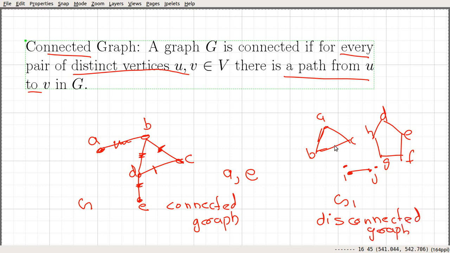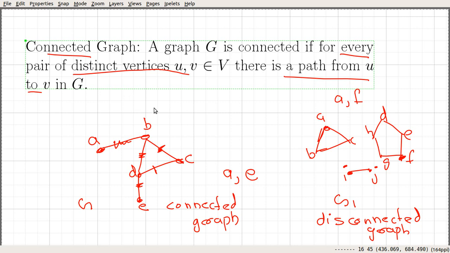We can see that this graph is not connected because if you consider this pair, A and F, you cannot reach F from A. There is no path from A to F. So this is an example of a disconnected graph. Anyway, we will look into connected graphs in more detail in subsequent lectures.